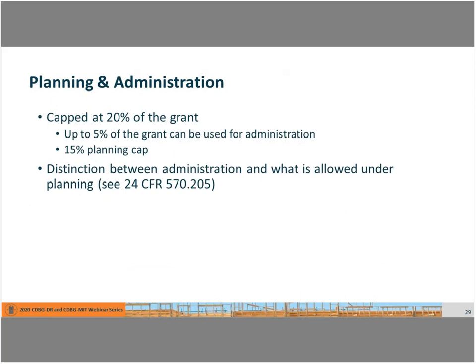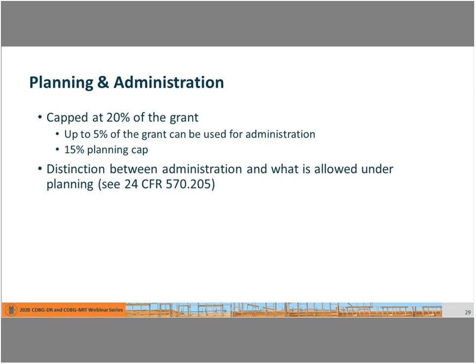And some examples of planning that grantees have done in the past include, obviously, action plans and substantial amendment development. Those are definitely planning activities, not admin. Comprehensive plans, new development plans, land use and urban environmental plans, economic development strategies, energy conservation plans, historic preservation plans are all examples.